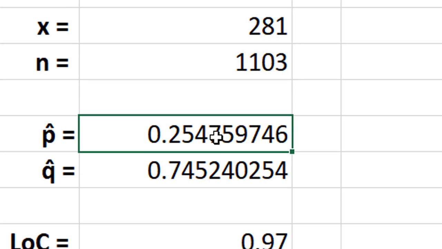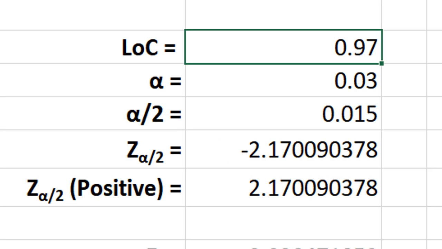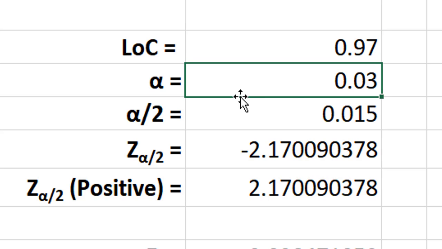And there we go. Now these numbers match up to what I had on the actual problem and the description of the solution to the problem. My level of confidence is 0.97. Alpha becomes 0.03.